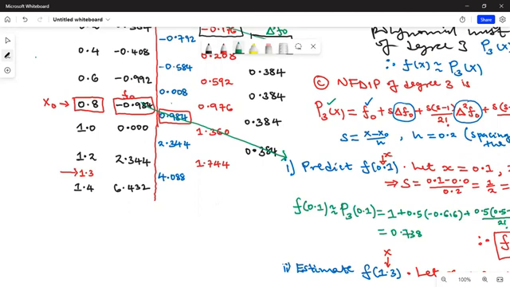So the value here is delta f naught. This other value is delta squared f naught. And lastly, this one is delta cubed f naught.